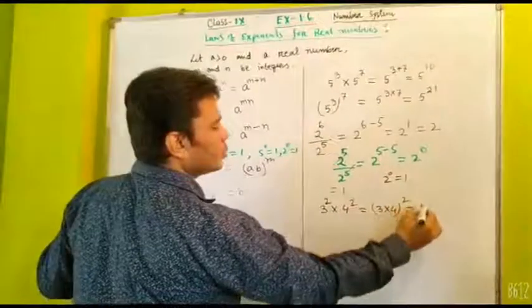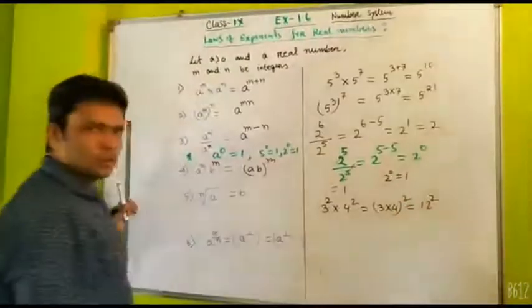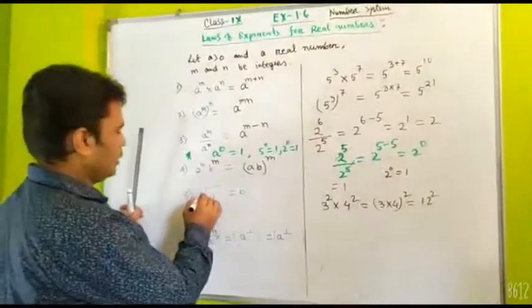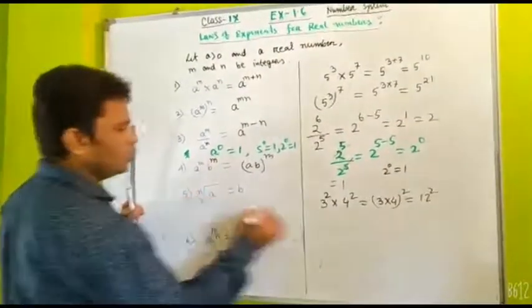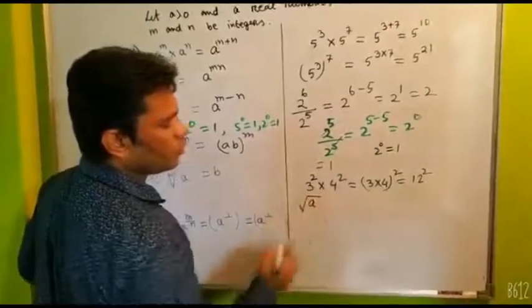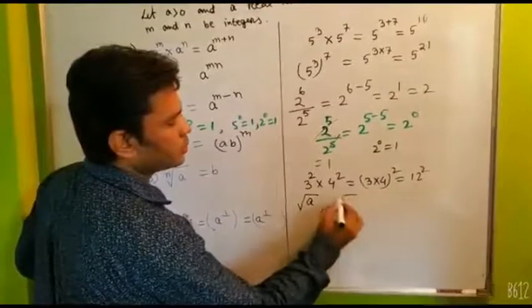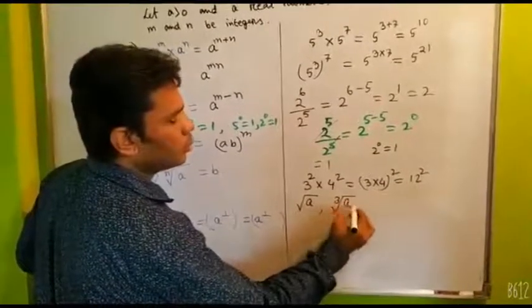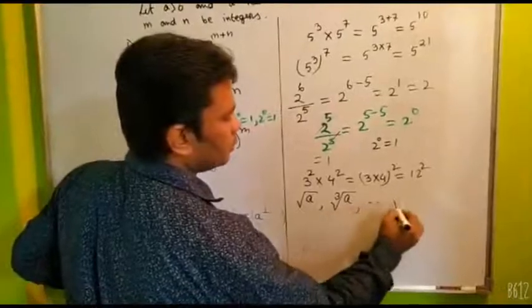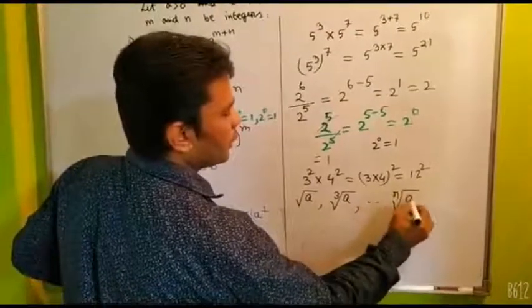Okay. Now next one. You know what this one is? This one is the square root of a. This one is the cube root of a. So this one is the nth root of a.